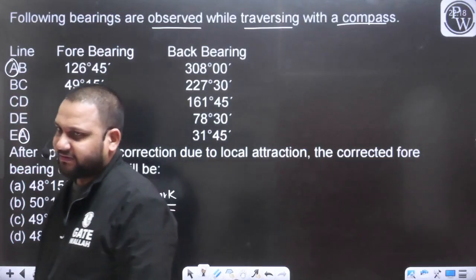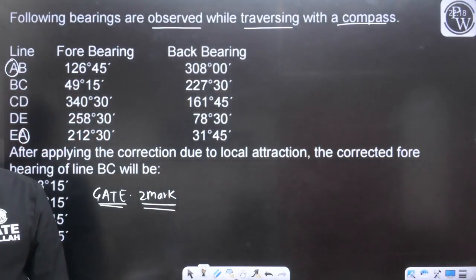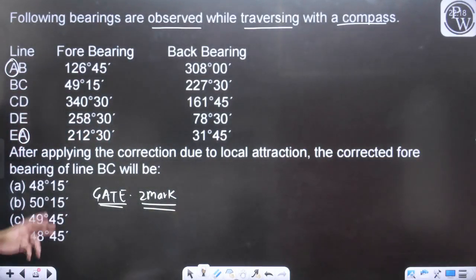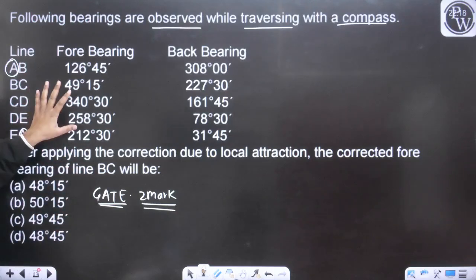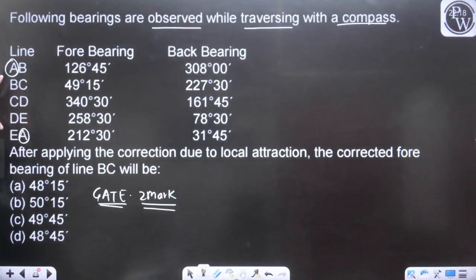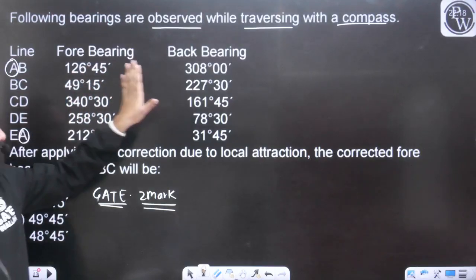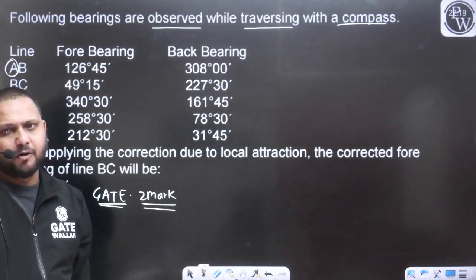Similarly, for the next line, and in the same way for all the lines of this traverse, you have measured the fore bearing and back bearing with the help of the compass.